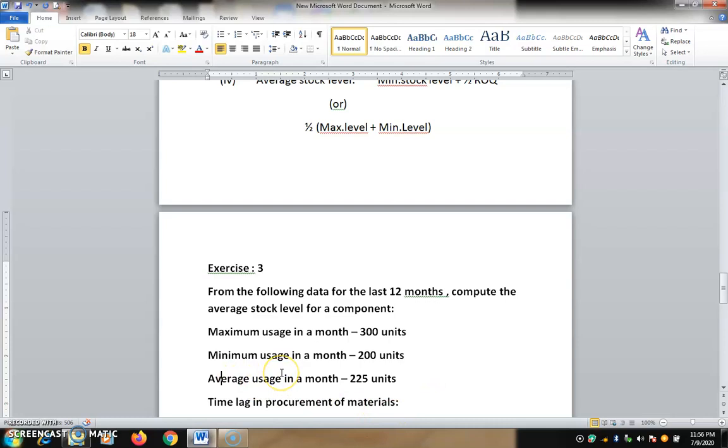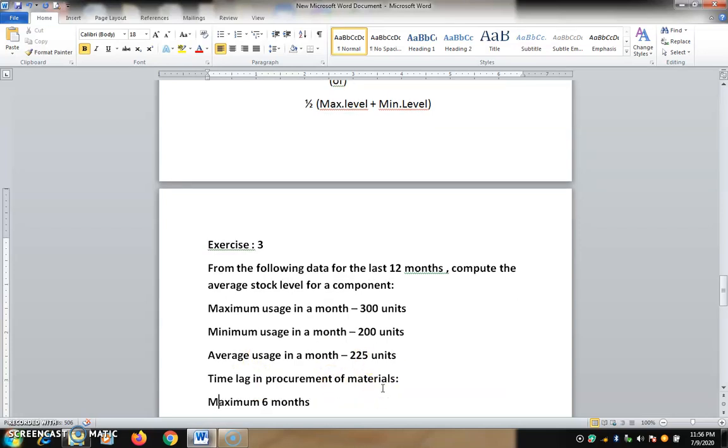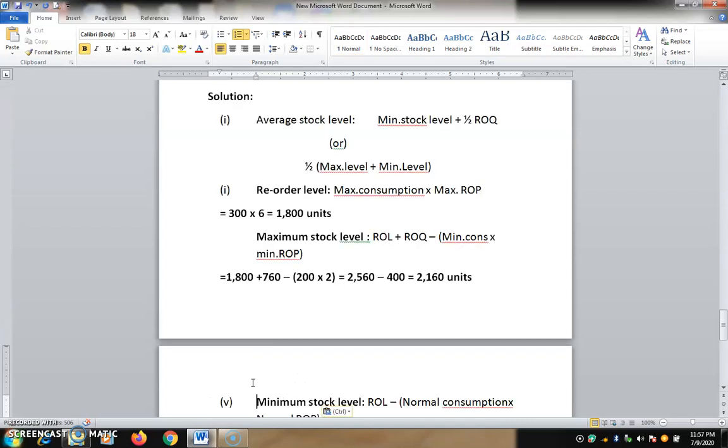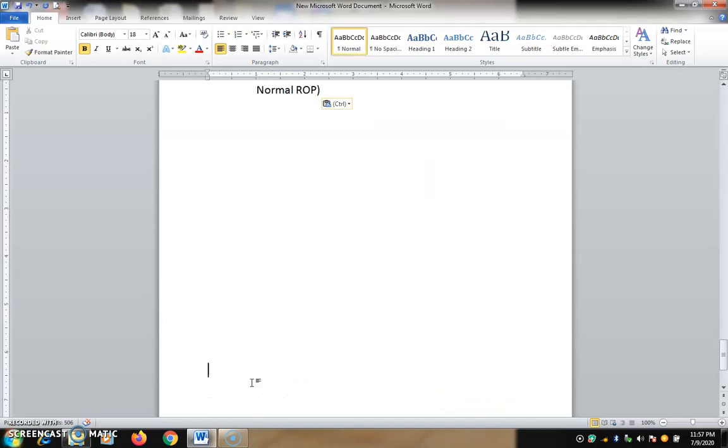From this problem onwards you can understand that normal consumption and average consumption are both used for the same term. So average consumption is available as 225 units. But what about normal reorder period? Here maximum reorder period and minimum reorder period are available. But what is the normal reorder period? We need to calculate. Normal reorder period is nothing but the average of maximum and minimum reorder period.